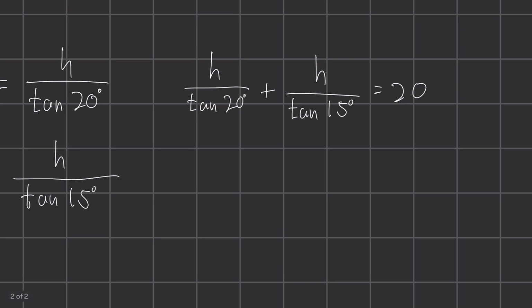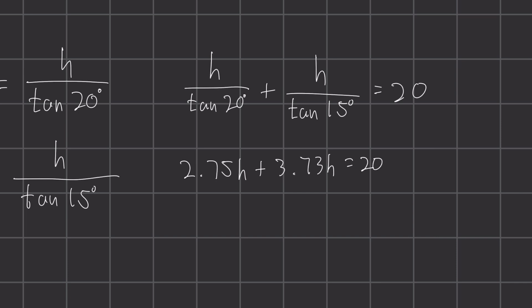Now here, grab your calculator and simply just solve for the coefficients of h. In this case, you get 2.75h plus 3.73h is equal to 20.